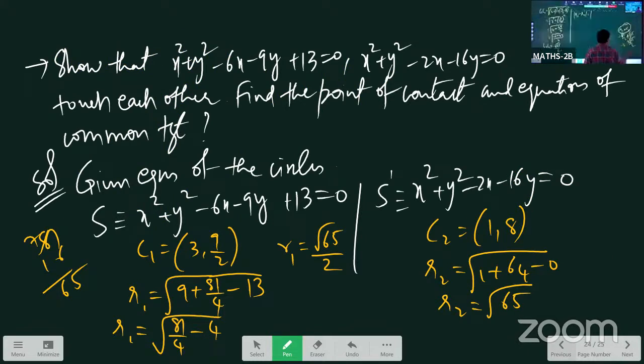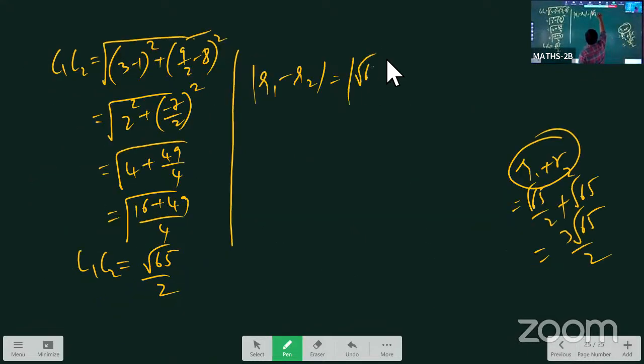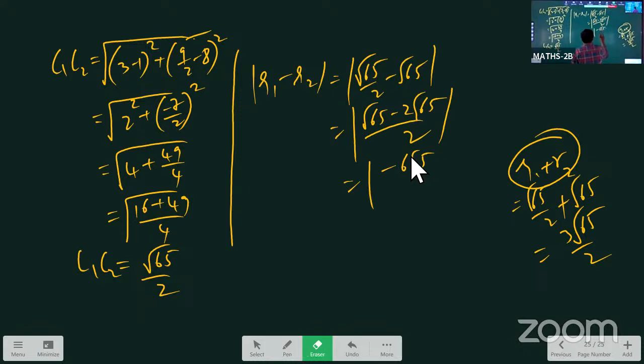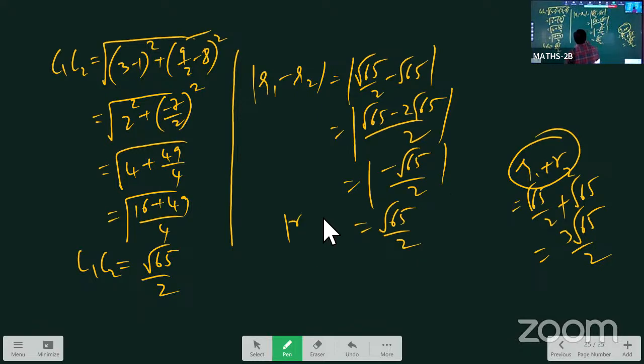So R1 is root 65 by 2 minus root 65, on taking LCM, mod R1 minus R2 is equal to root 65 by 2.